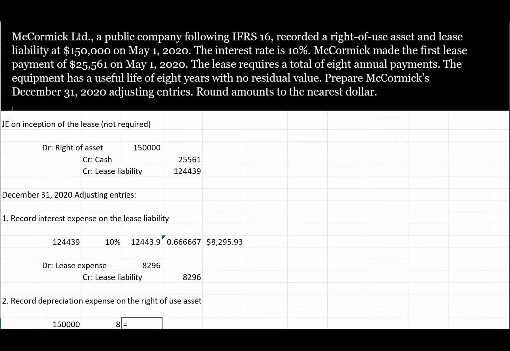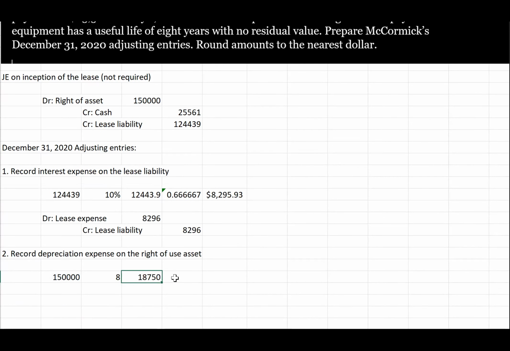So we're going to take this amount divided by 8. Okay. But remember, again, we've got this 8/12, right? Proration. So I'm going to take this number, which was 150,000 divided by 8. That's the annual depreciation. And I'm going to multiply it by this to say it's only going to be for 8 months, not 12 months. And that's going to give me $12,500.